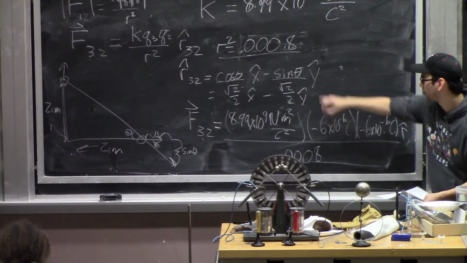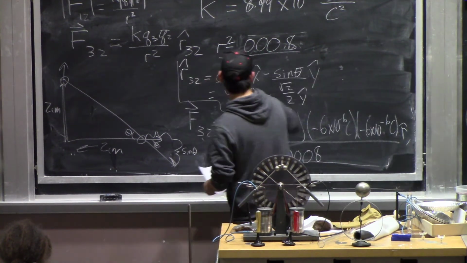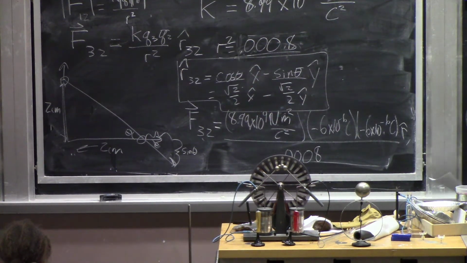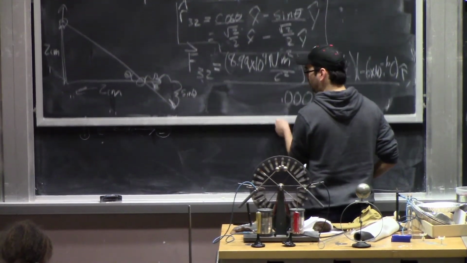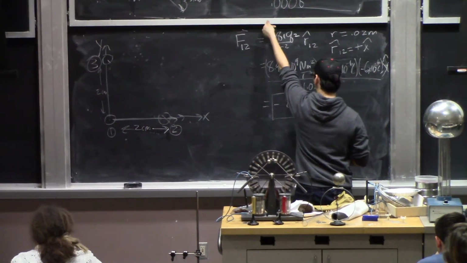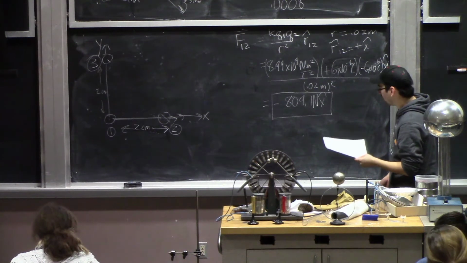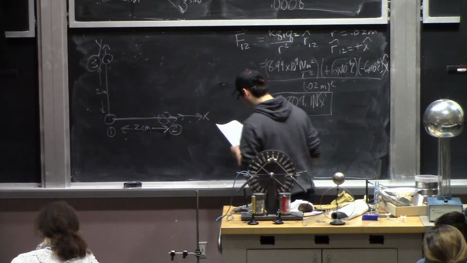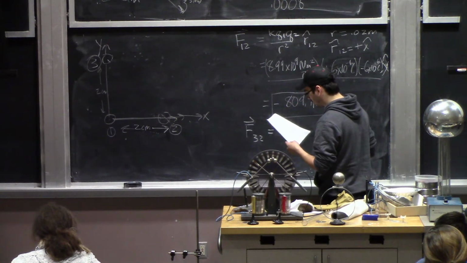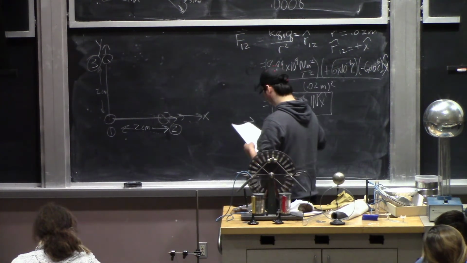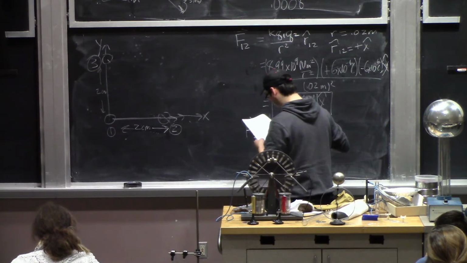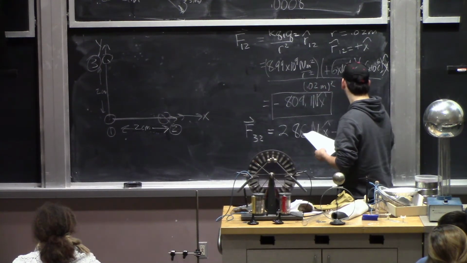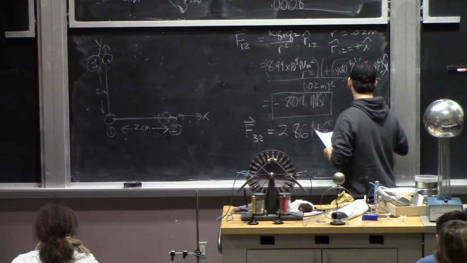Now I don't have room to write this in here, but this is what r hat 32 is, and that goes right here. So then after I plug that in, what I end up finding is that f32 is going to be equal to 286 newtons in x hat minus 286 newtons in y hat.